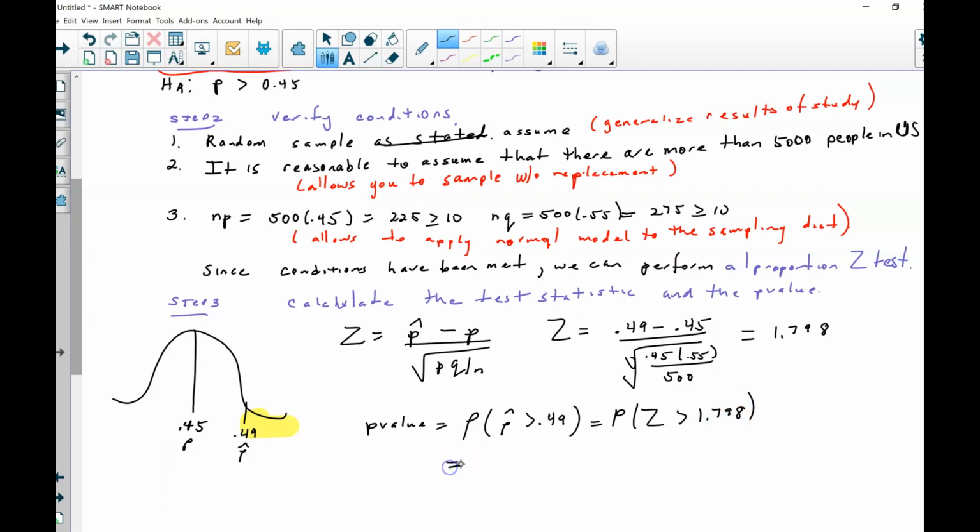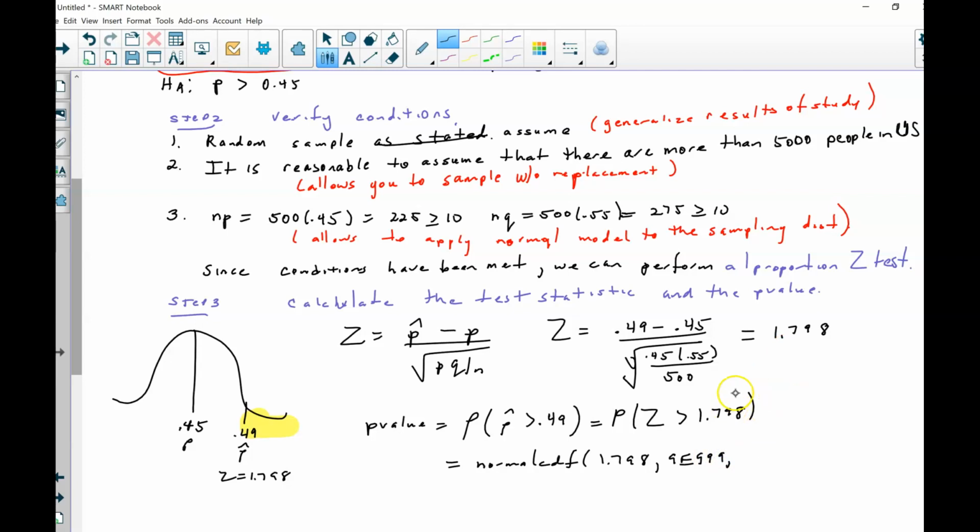And we already confirmed in condition 3 that we can apply a normal model to it. So we're going to do a normal model. The lower bound is that z statistic of 1.798, all the way to the right, 99999.